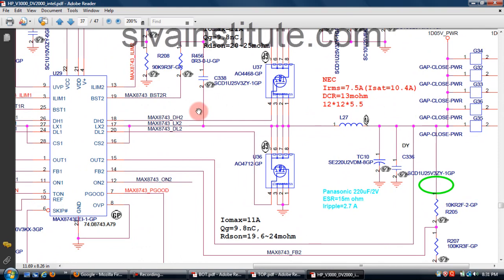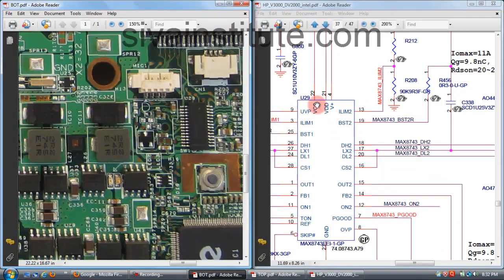So we will see U29, U37, U36, L27. This is U29.